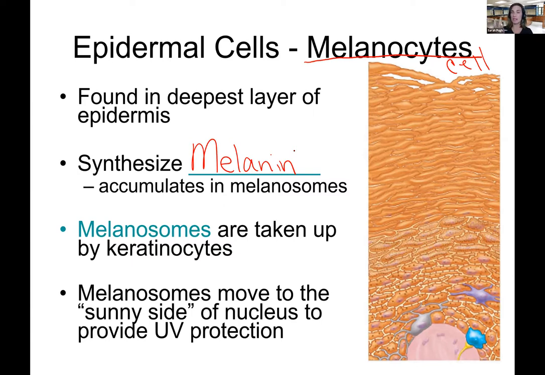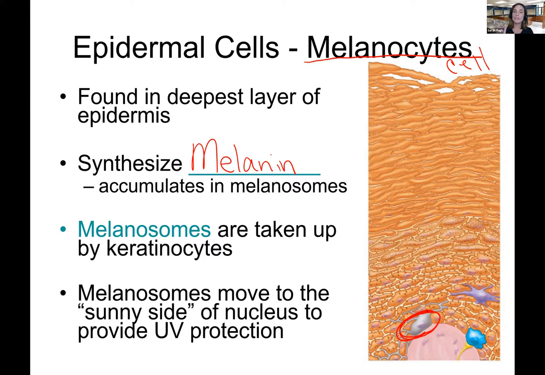Melanin is that protective pigment that gets released and helps to protect your cells from UV rays. So melanin is made by melanocytes, and a melanocyte is this gray one down here at the bottom. So notice we don't have a ton of them, but we do have some.